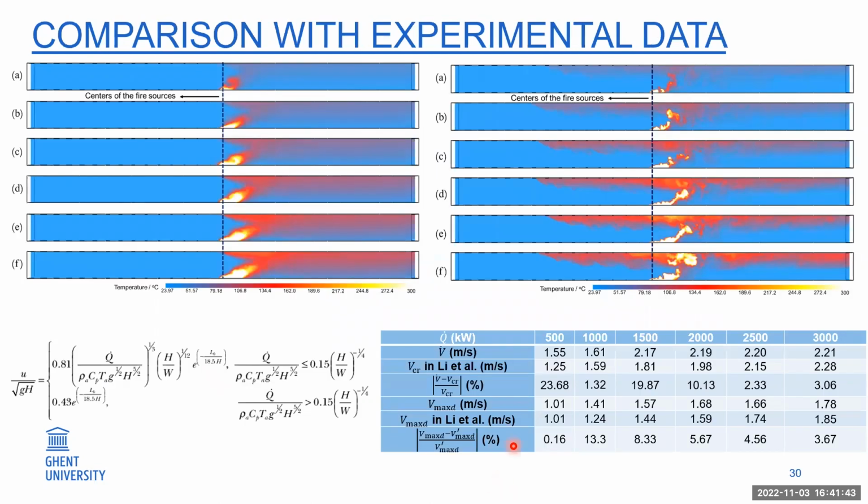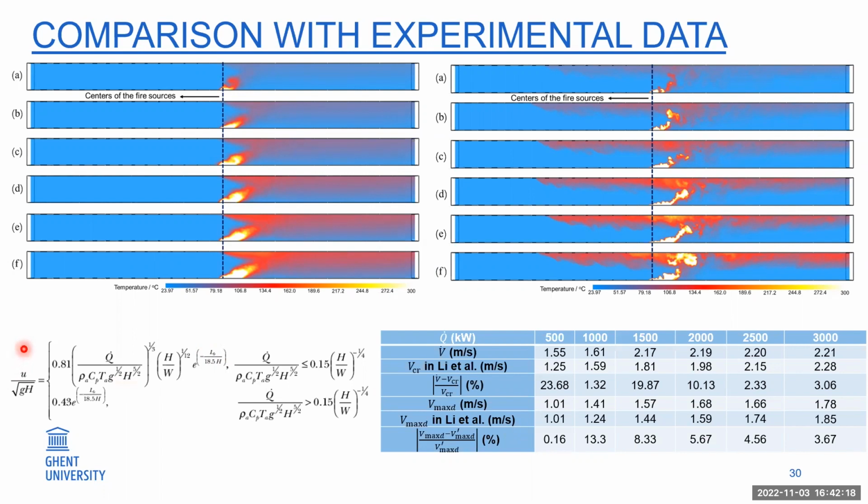And the next step, we need to compare the results with the experimental data. The first we can compare is the critical velocity. The critical velocity we know, the most usual to use is the Li et al.'s correlation. In this correlation, if we give the backlayering length and heat release rate and other parameters, then it can give us a ventilation velocity.